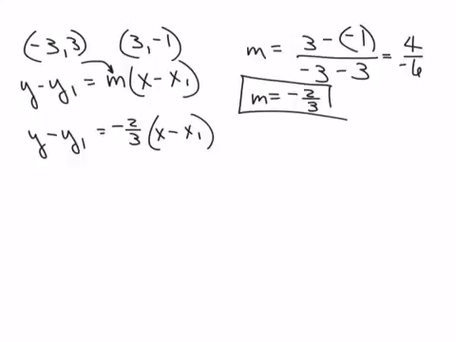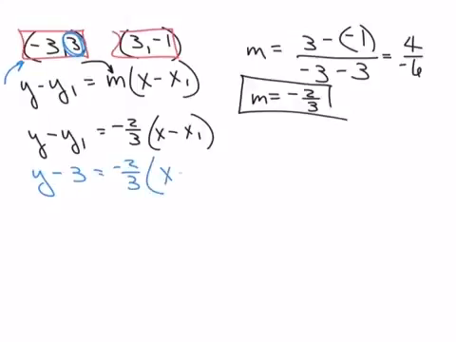Now we pick, it doesn't matter, we pick either of these 2 points, and we just fill in the x and the y. So let's do these two. So the y1, we're going to put in a 3, that's this number there, equals negative 2/3 times x minus, what's our x1 right there. Okay, so let's clean this up a little bit.